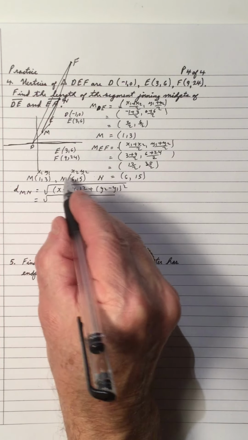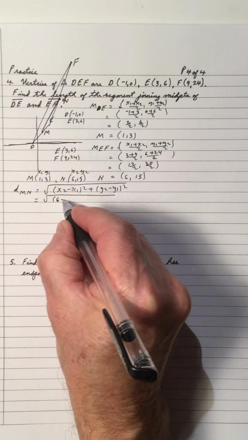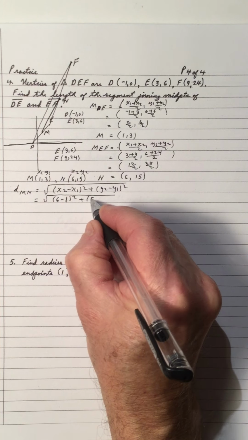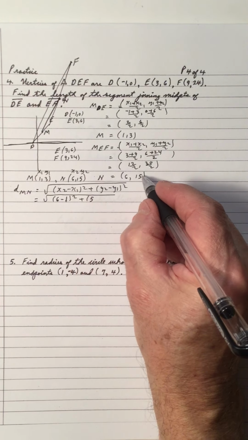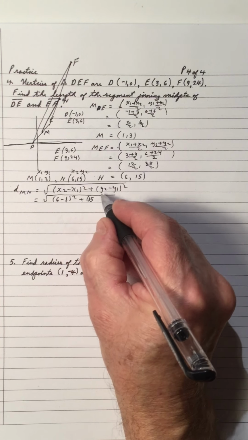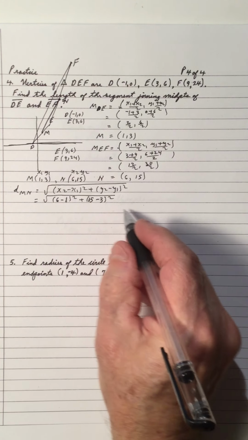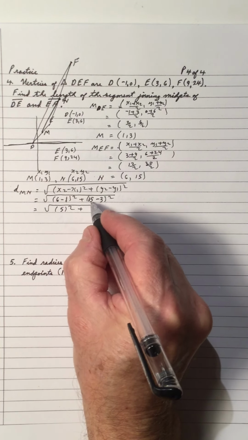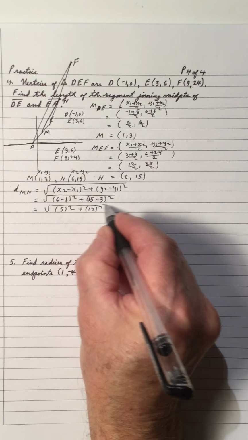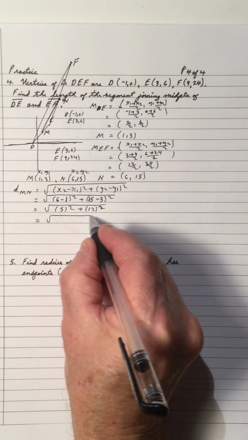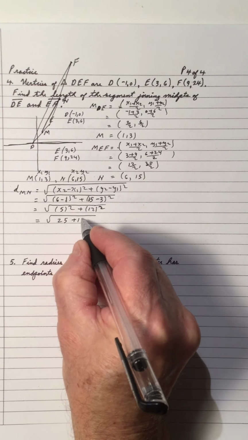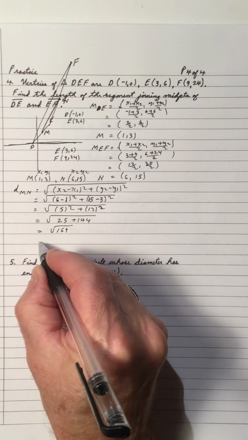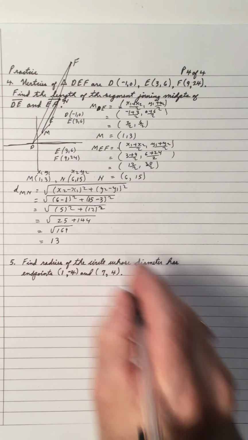So x2 is 6 minus x1 is 1, squared. y2 is, not 5, that's a 15, gotta be careful, 15 minus 3 squared. That gives us 5 squared plus 12 squared. 5 squared is 25, 12 squared is 144. That adds up to the square root of 169, and the square root of 169 is 13.